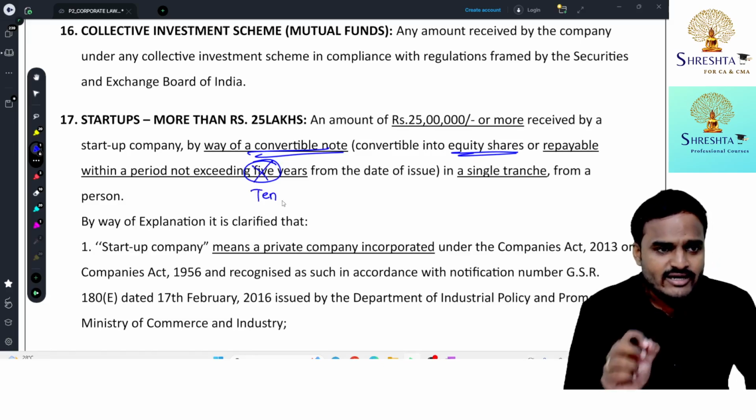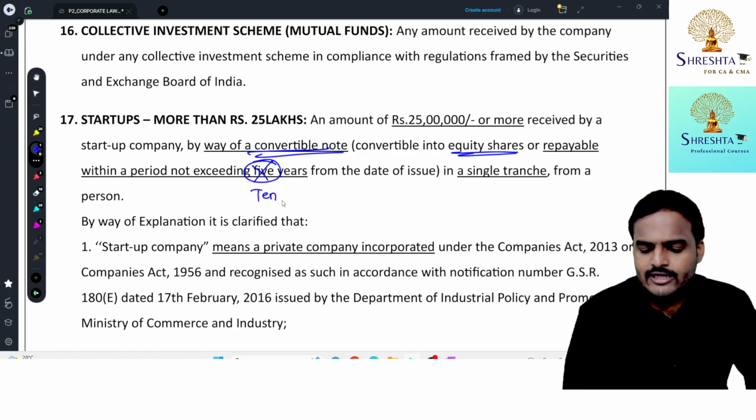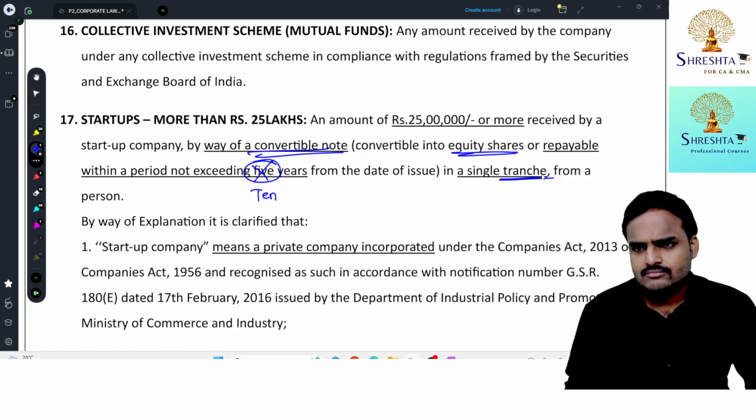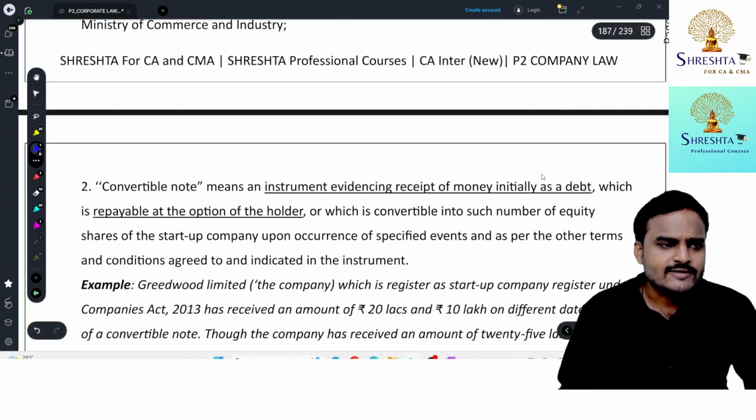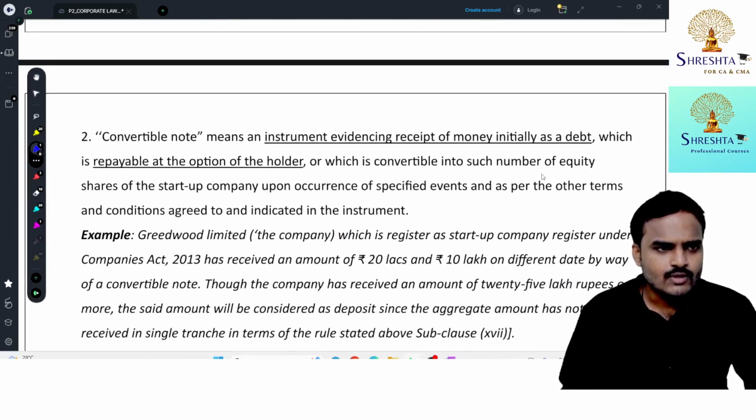It's not 5, 10. In a single tranche. Tranche is nothing but portion of something. So under a single tranche, if company is receiving 25 lakh rupees or more by way of convertible notes, then also it is not treated as deposit. Understood?